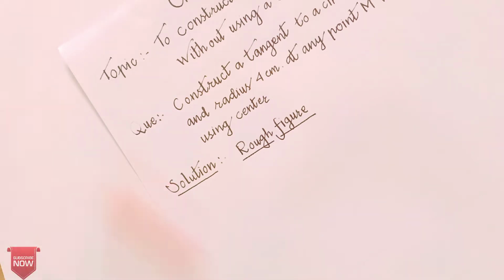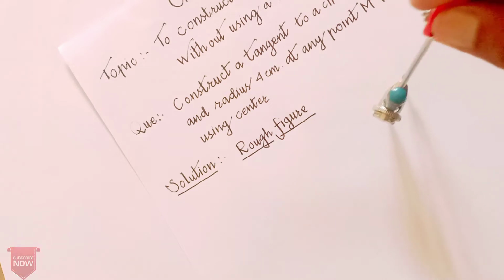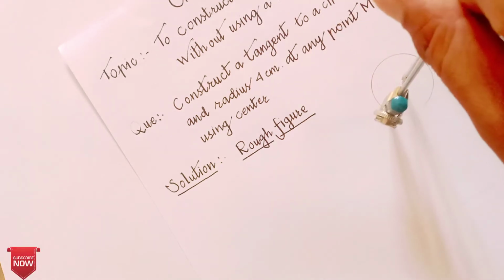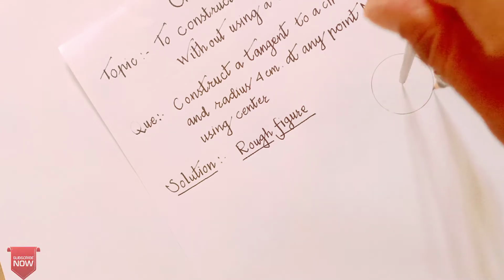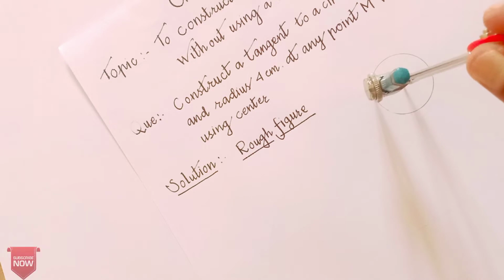So for that we are taking any radius and we are drawing here a circle. We are drawing here any circle because it is a rough figure. In the rough figure there is not so much importance to the measurement.